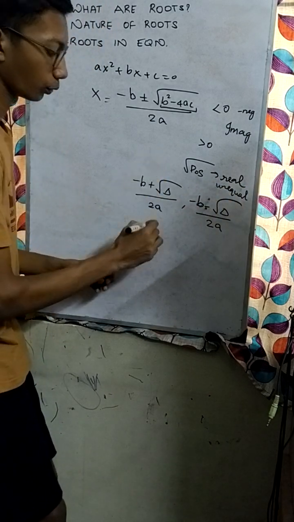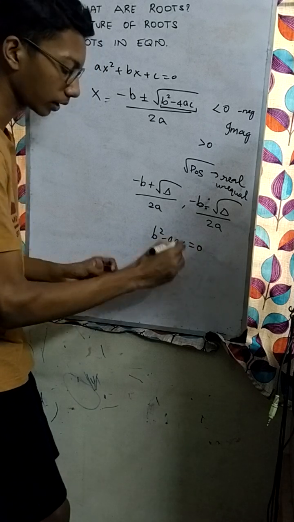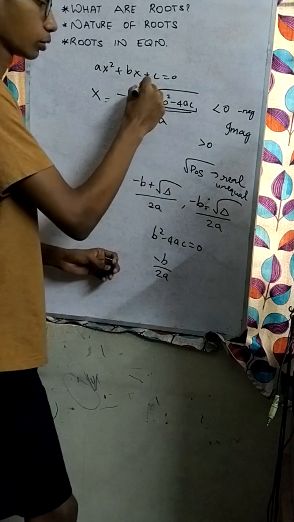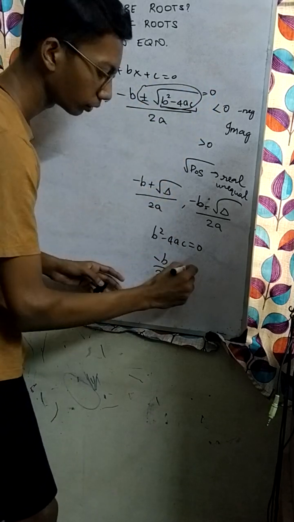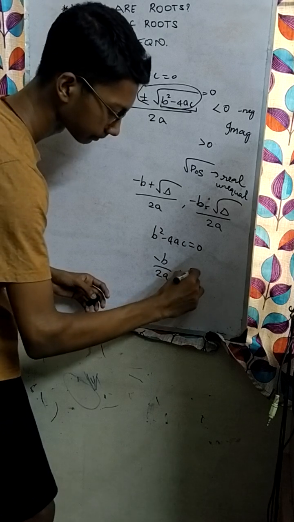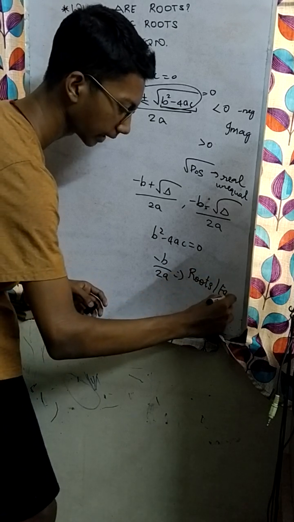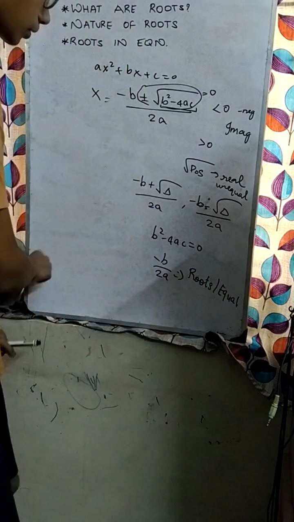But if we have b square minus 4ac equals 0, the only root we will get is minus b by 2a. So this whole term will become 0. So we will have two roots, but they will be equal, that is same. So this is the thing about nature of roots.